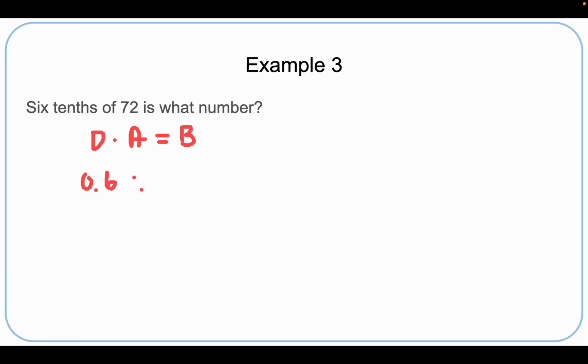And of means multiply. A in this case is 72 equals what number? That's our b that we do not know. So to solve for b, we just need to multiply 6/10 times 72. And when you do that multiplication, you get b equals 43.2.